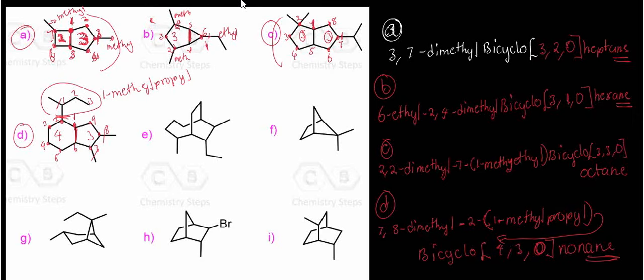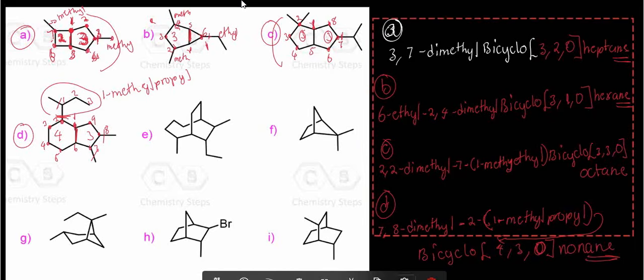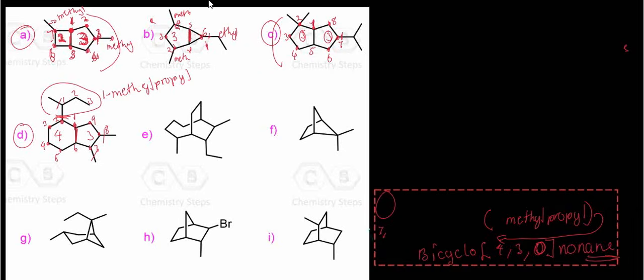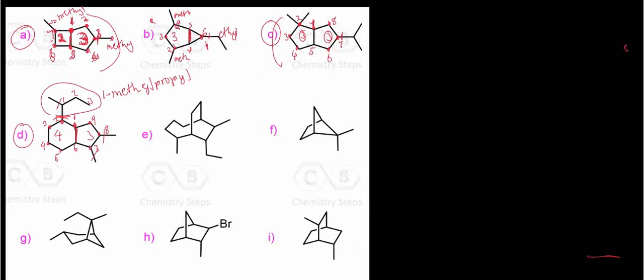Okay, now let's go to, that was D, right? That was D. Now let's go to E, right? So on E, which is this one here.